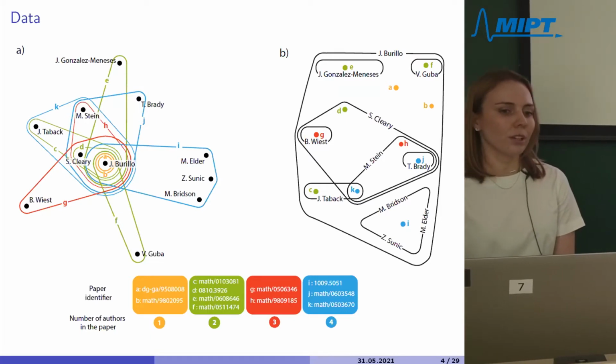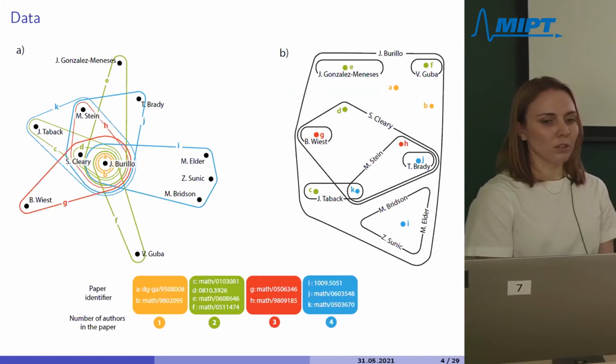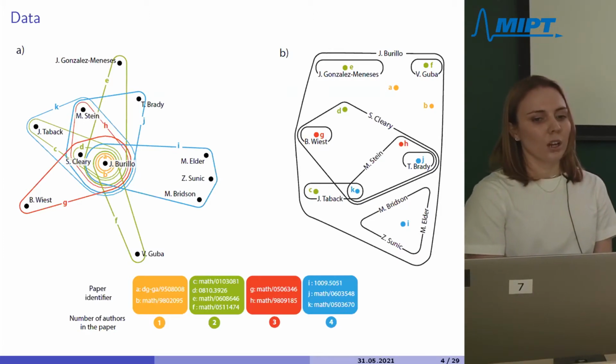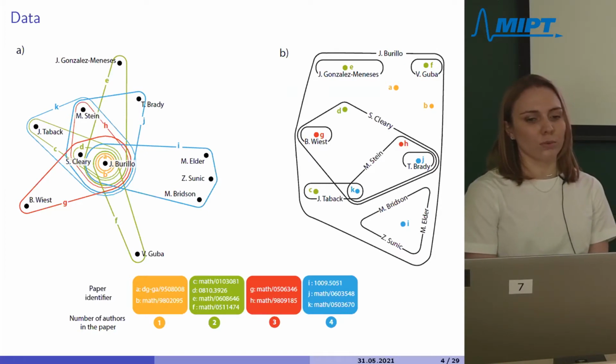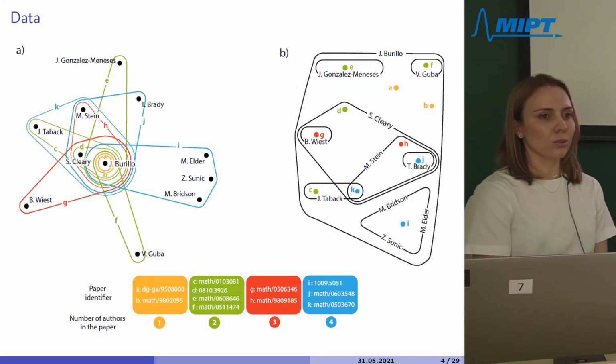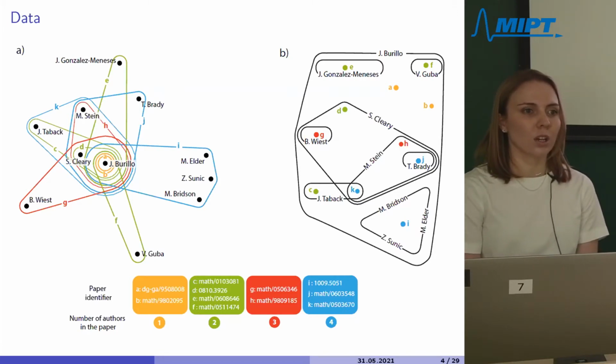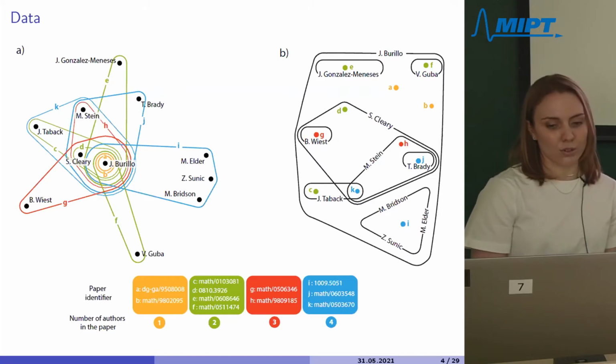Figure A illustrates the primal hypergraph part, where nodes represent authors and hyperedges stand for papers. And the second picture, B, represents the dual object for the first one, where nodes are papers and the authors represent hyperedges.